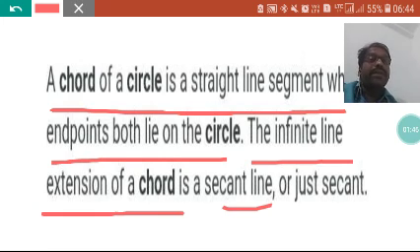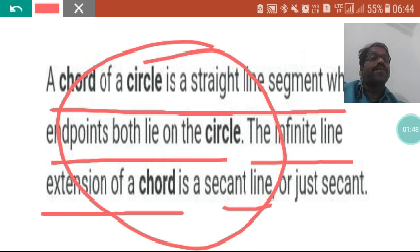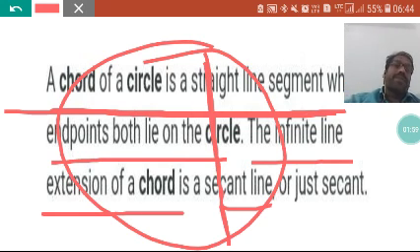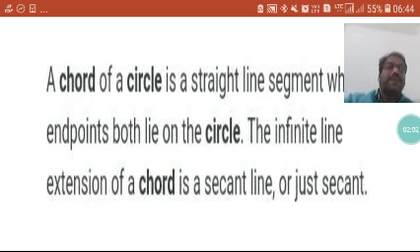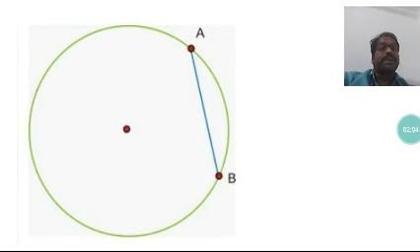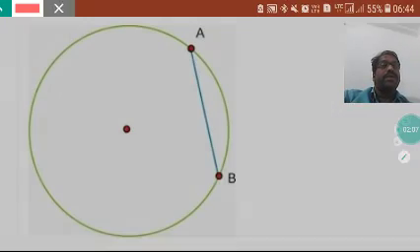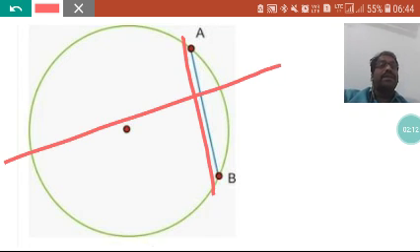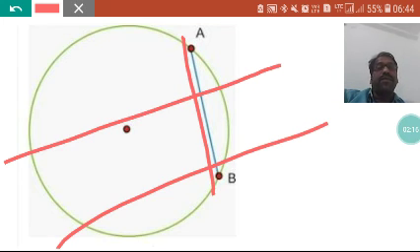So if this is the circle here, this line is a secant, but if I draw the line like this, which only touches the circle at two points, this is called our chord. This AB is our chord, and if it passes by like this, it will become a secant there. It can pass through the center or be away from the center; it hardly matters.